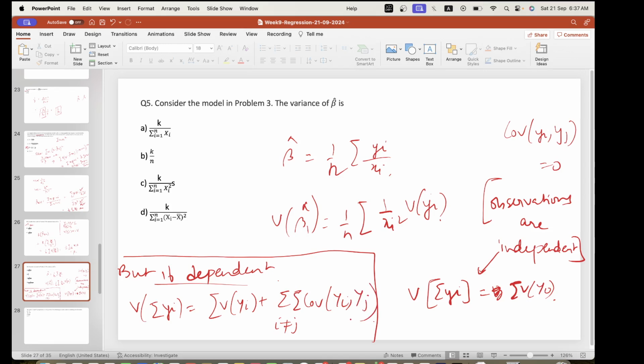So this term will become 0 because it is explicitly mentioned that our observations are independent. Now we just have to plug in the values and find out how much is the variance of beta hat.